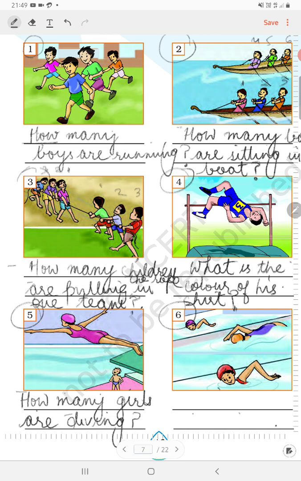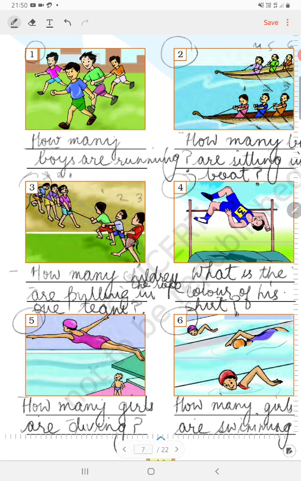Here, what are the girls doing has already been done using how. How many girls are swimming? So we have made questions using how many.